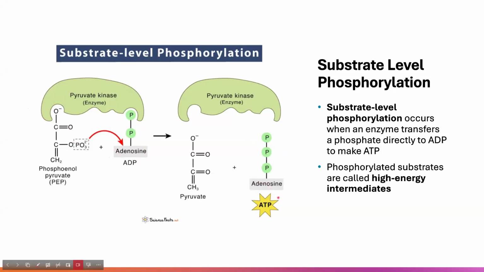Now, these phosphorylated substrates like phosphoenolpyruvate are considered to be high energy intermediates. And so that means that they have a lot of potential energy in them and can transfer over to your ATP to make that molecular currency.